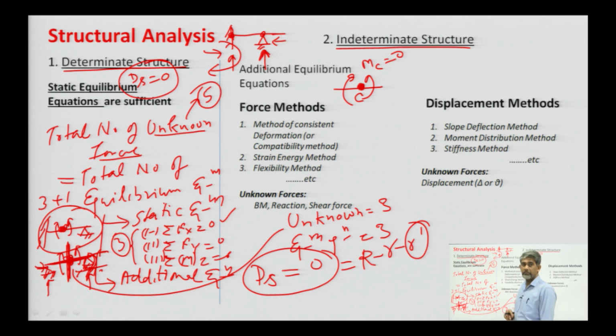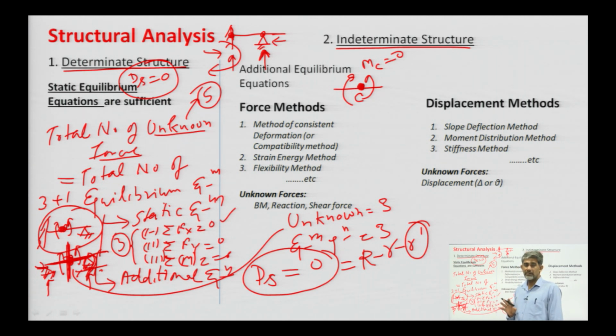What does it mean? It means that we need to develop one more additional equation. How can we develop this equation? We will use certain methods, certain compatibility equations, certain equilibrium equations. We need to write equations so that we have a sufficient number of equations to find all the support reactions.